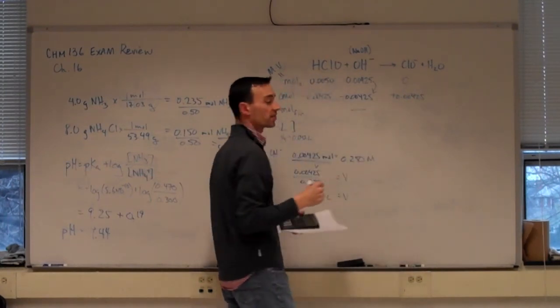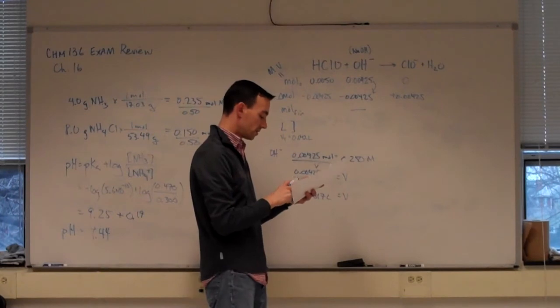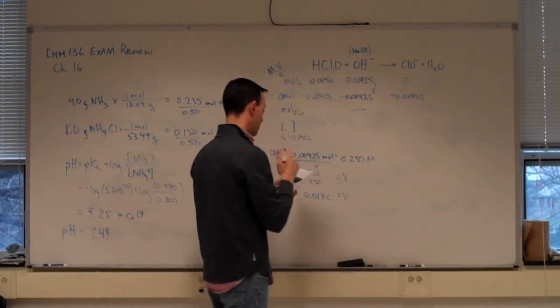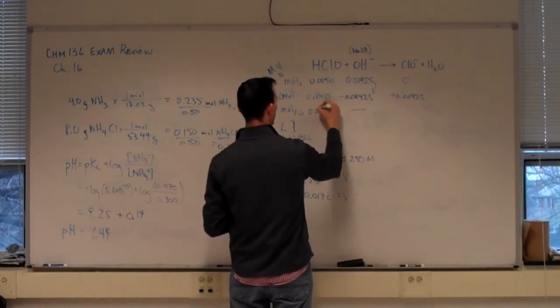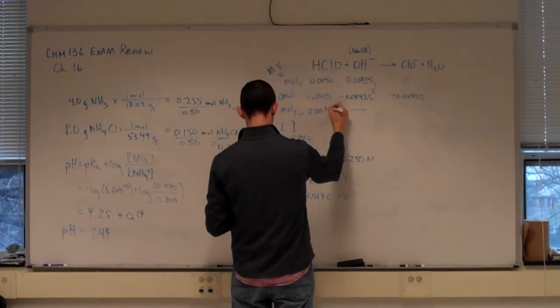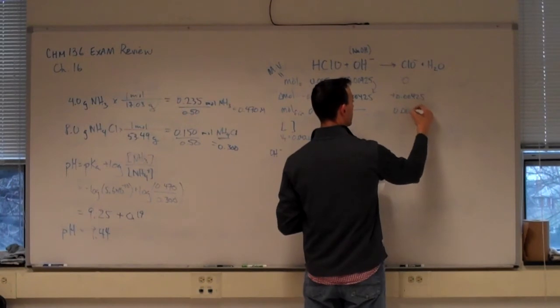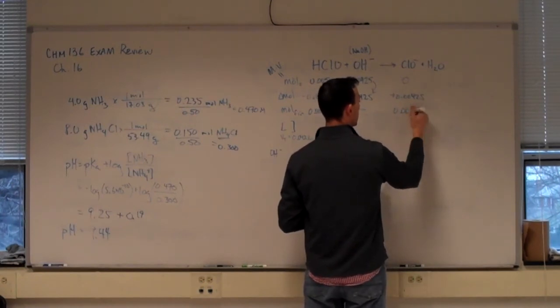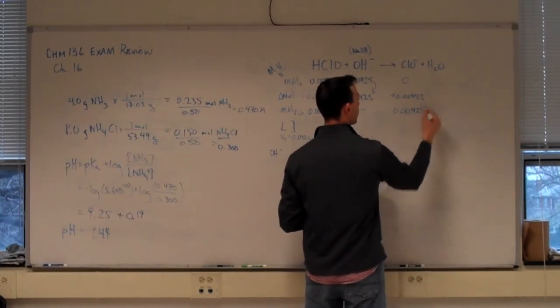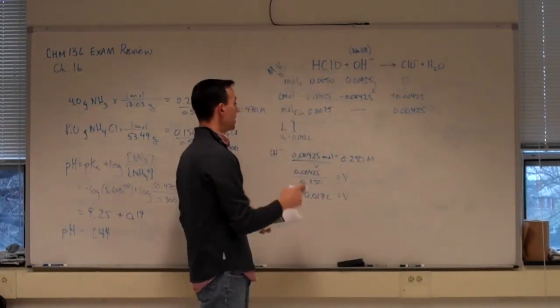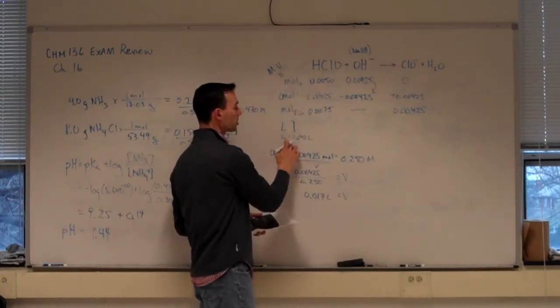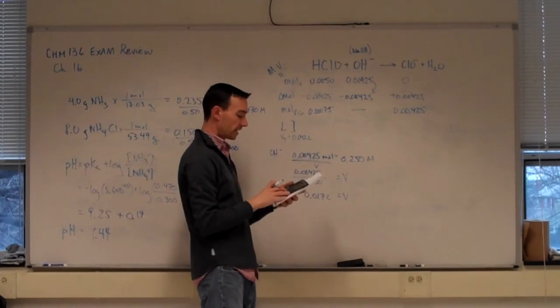So there won't be any hydroxide left. And there will be a small amount, 0.00075 moles of HClO. And then, of course, 0.00425 on the product side.